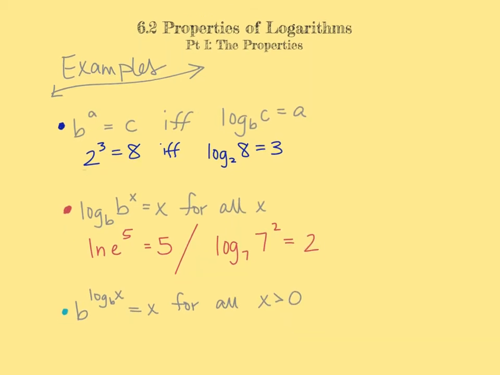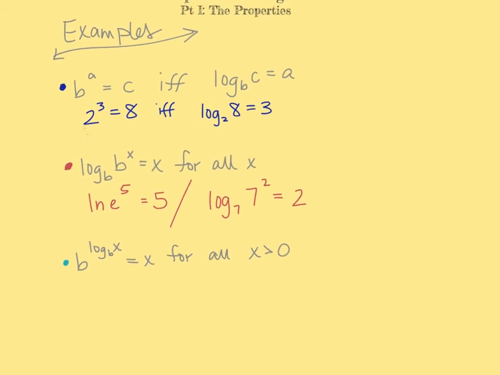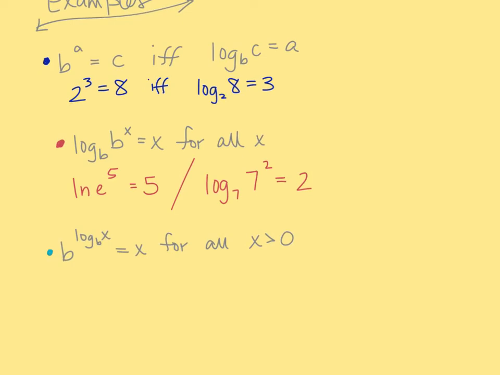Our last property is similar to this, and if we take a look at this last one here, we have b to the log base b of x equals x for all x greater than 0. So again, I'll let x equal 5, just a nice positive, easy number to work with. And then b can be anything. So for example, we could have 3 to the log base 3 of 5, that equals 5.